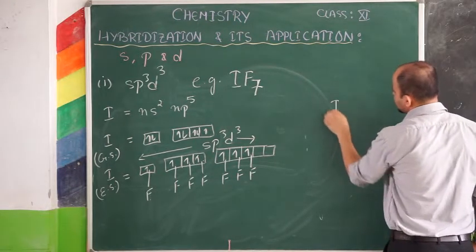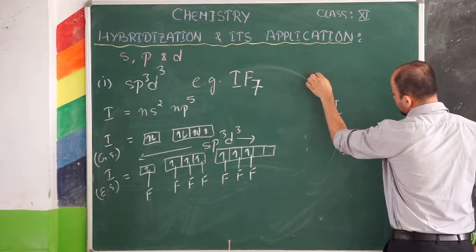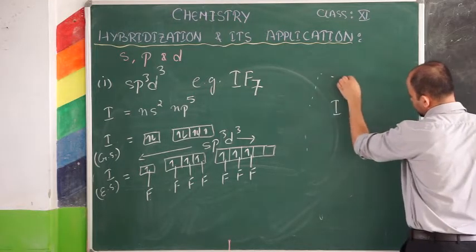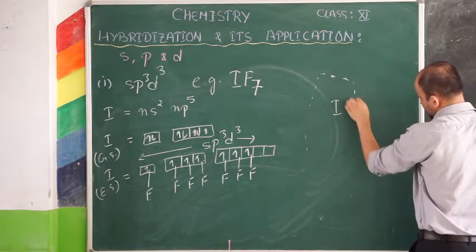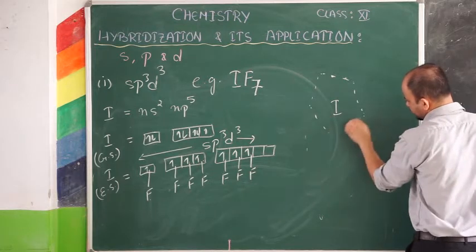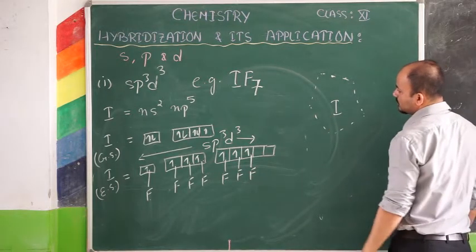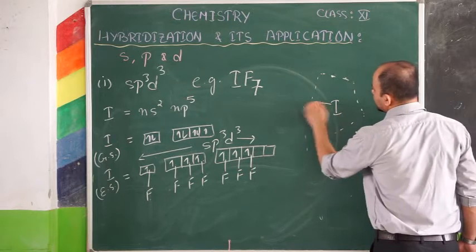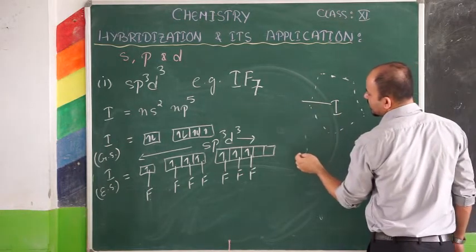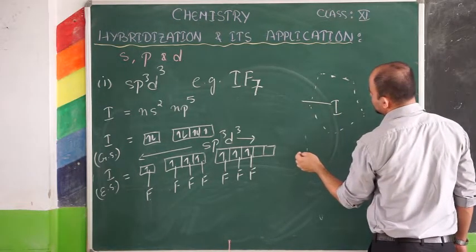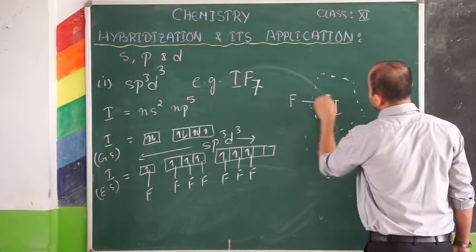That is, iodine lying at the center, and you have a pentagon. Okay, here at the sides, at the vertices of this pentagon, we will be having fluorine atoms.